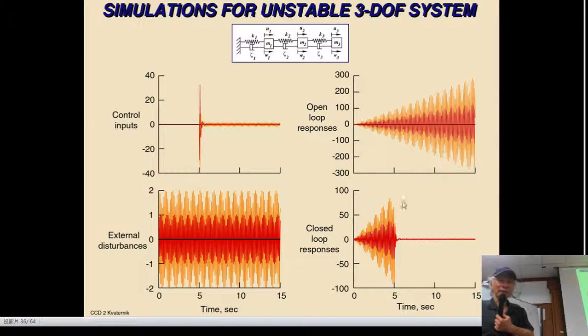All right. Now, from 0 to 5 seconds, we also have an external disturbance to the system. There's some external disturbance from U1, for example. U1 is where we give the external disturbances.